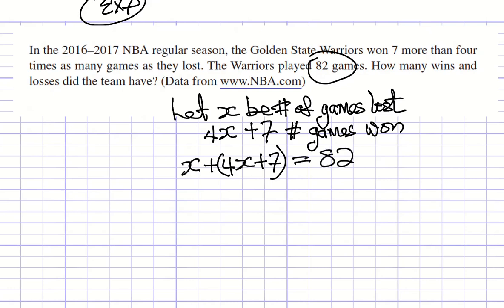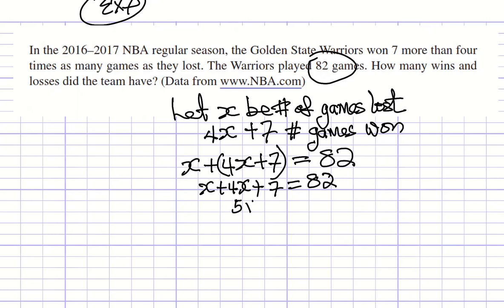Once you read that and set up the first initial equation, everything takes you to the same place. So we remove the bracket, we have x plus 4x plus 7 is equal to 82.